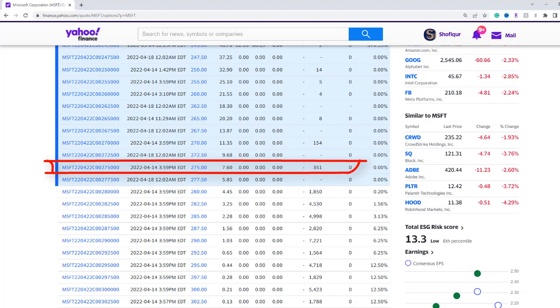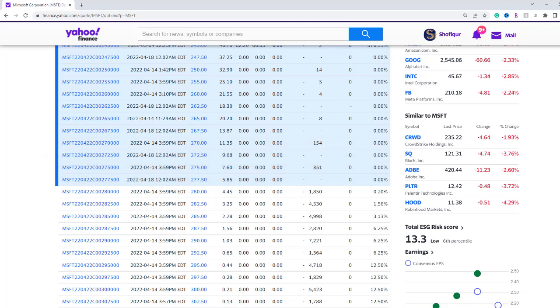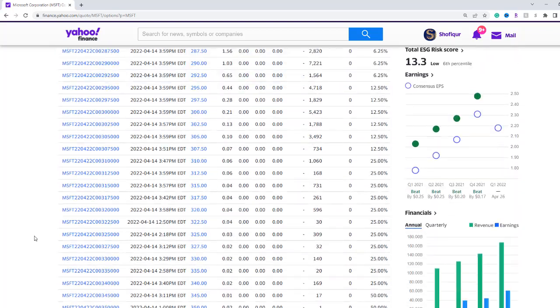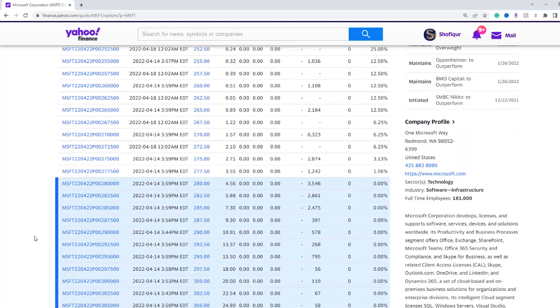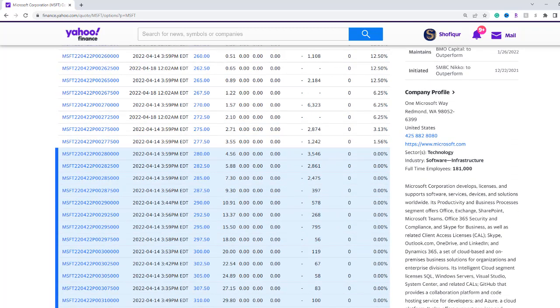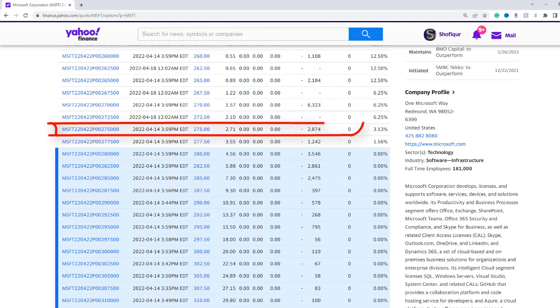On the other hand, the put option gives the contract holder the right to sell underlying asset at a specified exercise price on or before a specified expiration date. The put option on Microsoft at $275 expiring on April 22nd means that the holder has the right to sell 100 Microsoft stocks at a price of $275 each on the expiration day.